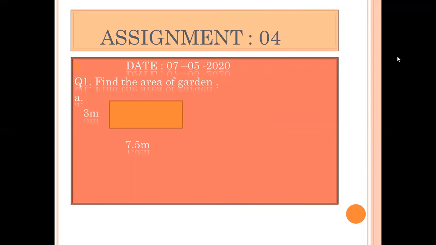When we convert that figure into 2 or 3 basic shapes, those shapes are called composite shapes. Which are the basic shapes? Rectangle, triangle, or a square. And I showed you the example in which the composite shape is given and we convert that shape into two basic shapes, a rectangle and a triangle.